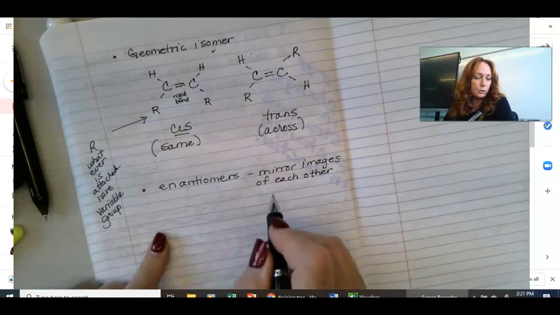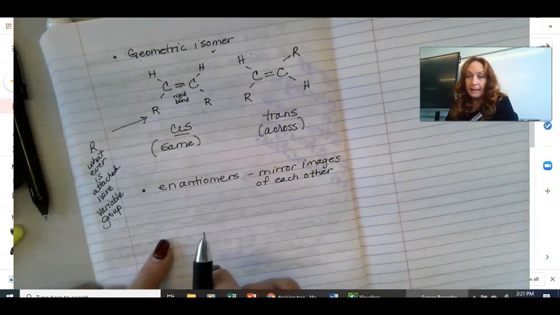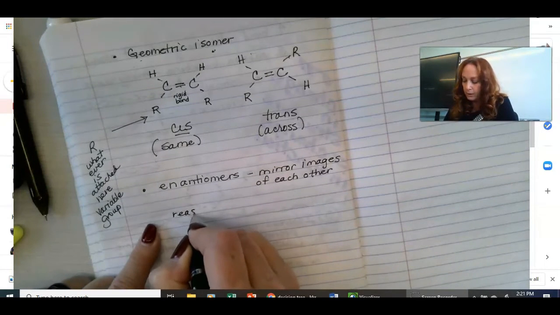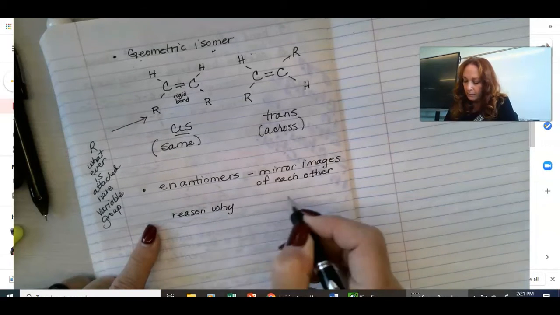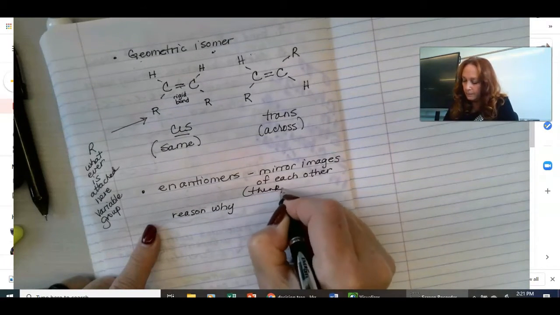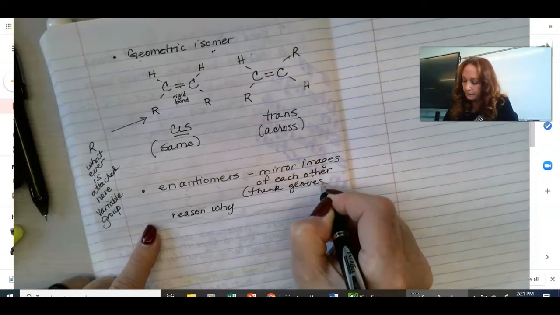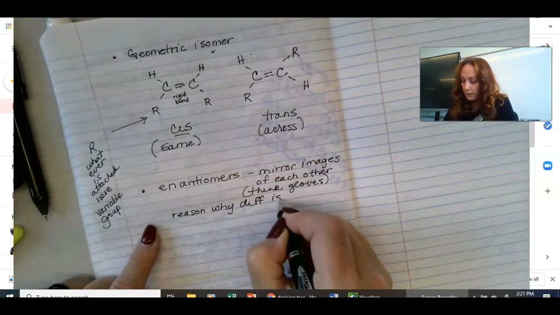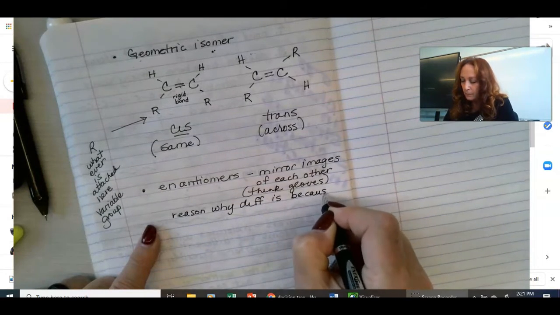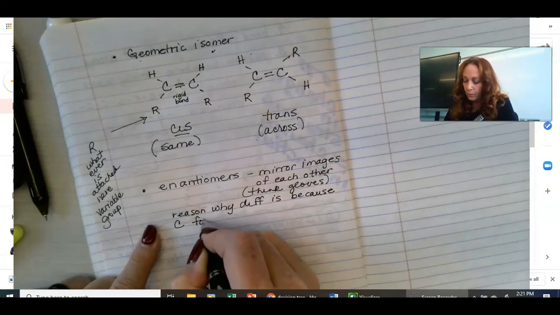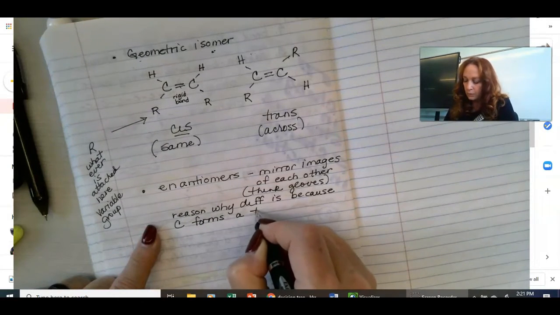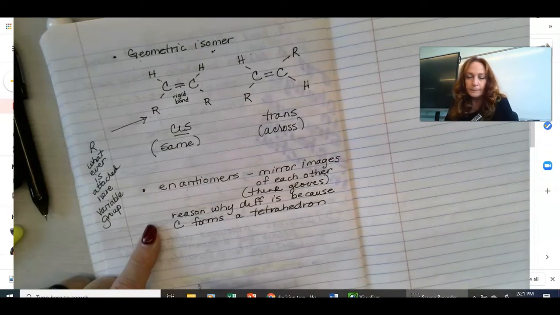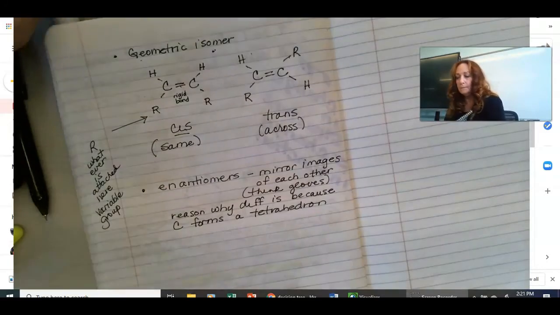And this has to do with something that we should go back and add for carbon. So the reason why they're different is because carbon forms a tetrahedron.